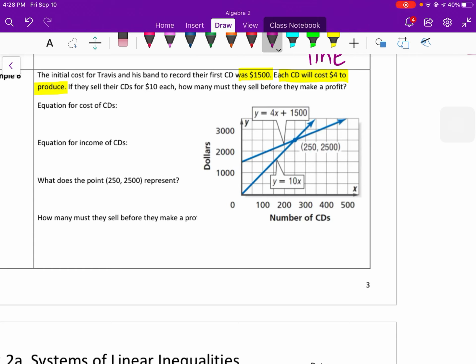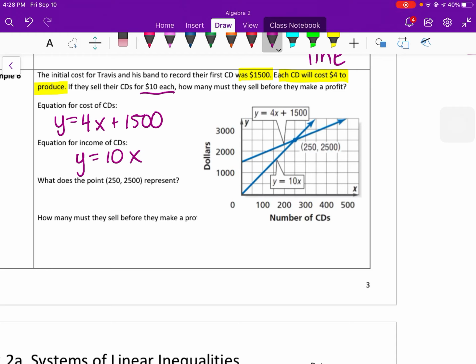So the cost for CDs is y equals $4 per CD plus the $1,500 for the initial cost, because slope is the rate of change and y is your starting value or your initial cost. And then the income is that they're going to get $10 for each CD. So the equation for the income of CDs is y equals $10 per CD.